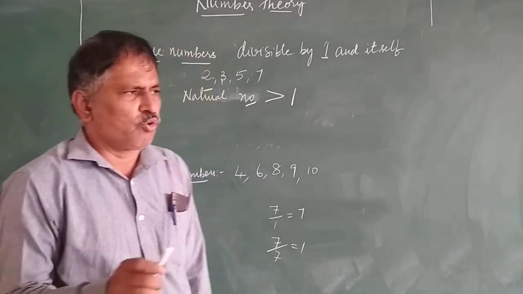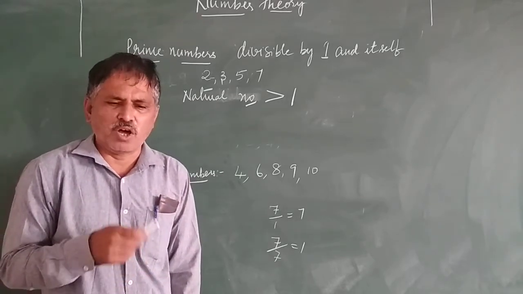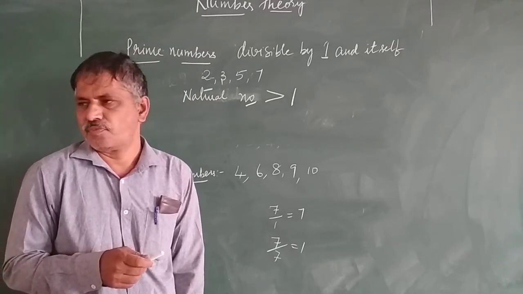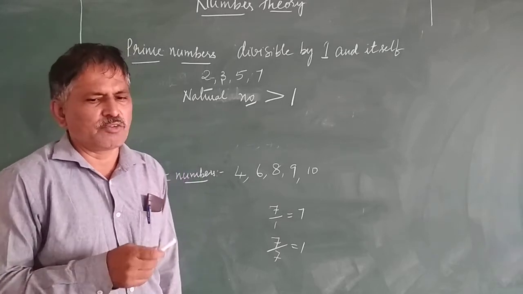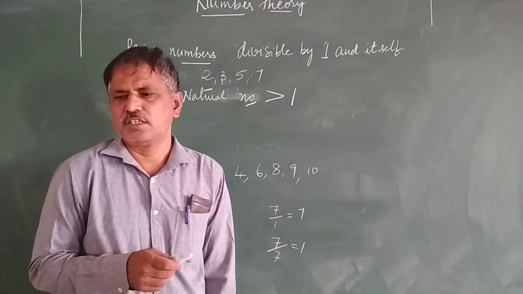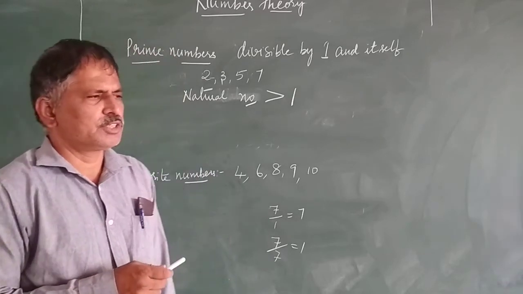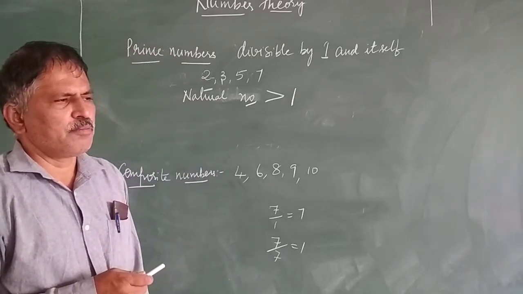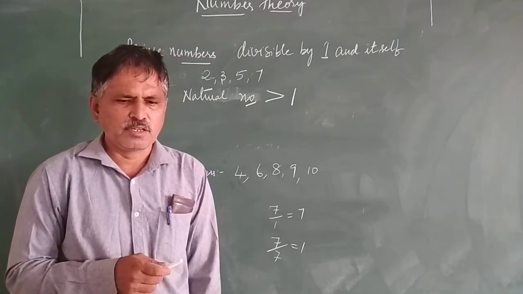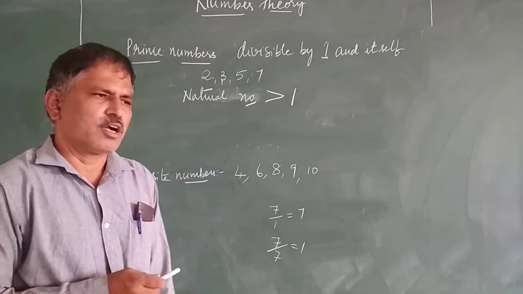Note: those numbers which are greater than 1 are considered to decide prime number or composite number.